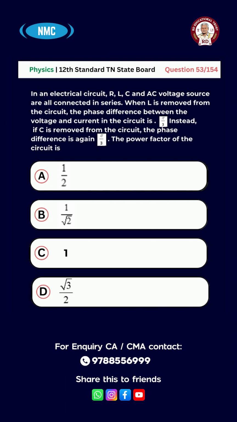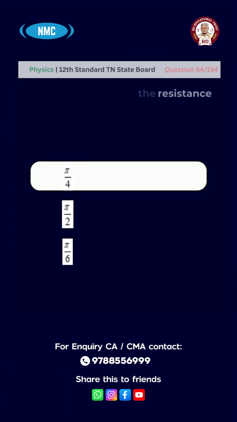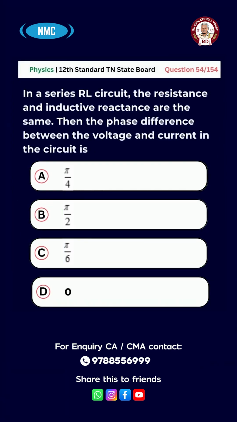And the right answer is option C, 1. Question number 54. In a series RL circuit, the resistance and inductive reactance are the same. The phase difference between the voltage and current in the circuit is option A, π/4, B, π/2, C, π/6, D, 0. And the right answer is option A, π/4.